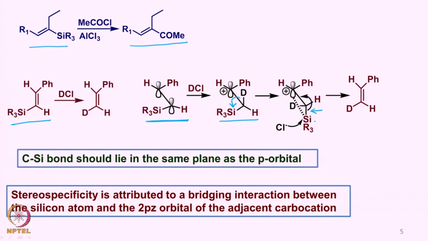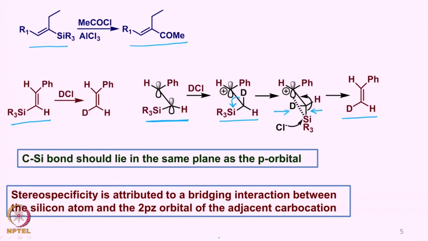And if that happens, then deuterium comes into this position and now your nucleophile attacks. You have a beta carbocation, the carbon-silicon bond breaks with the help of the nucleophile, and we get this product in which the deuterium is now occupying the same position as the silicon.